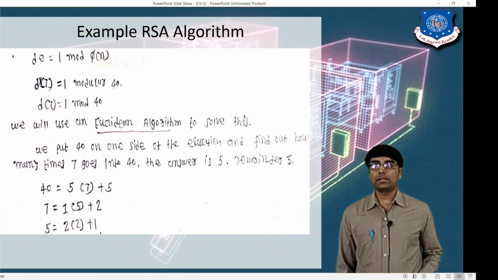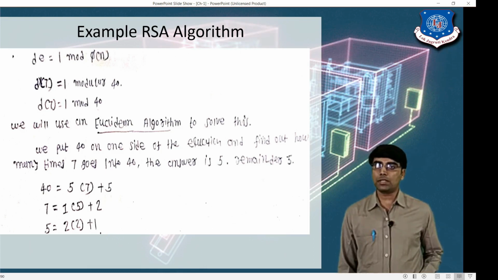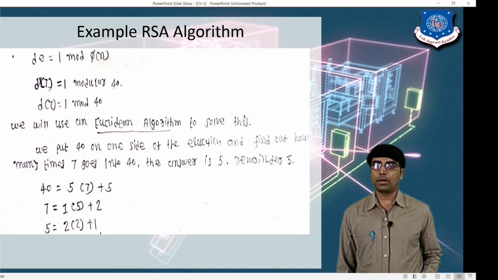Now we will do the same process for the remaining value. So now you get 7 equals 1 times 5 plus 2. It means we put the 5 on one side of the equation and find how many times 2 goes into 5.